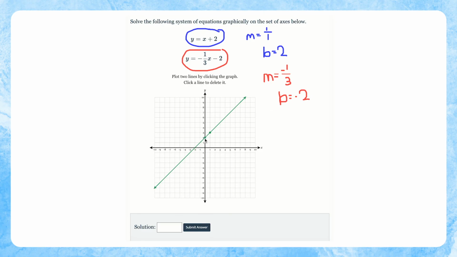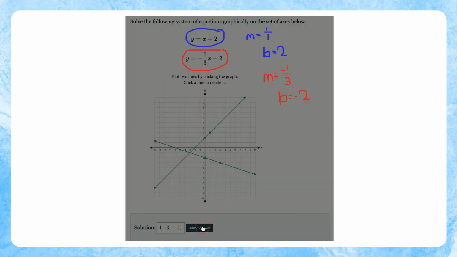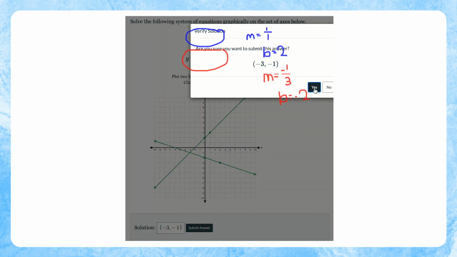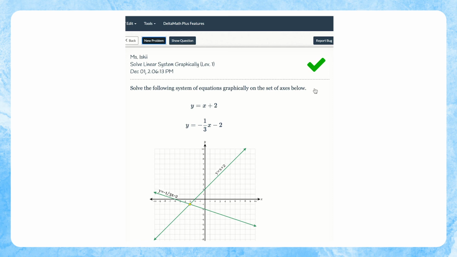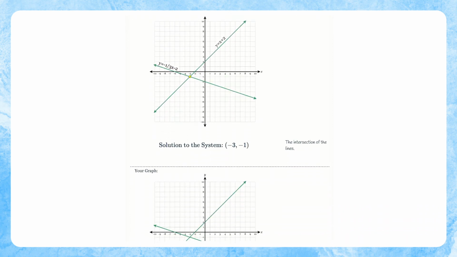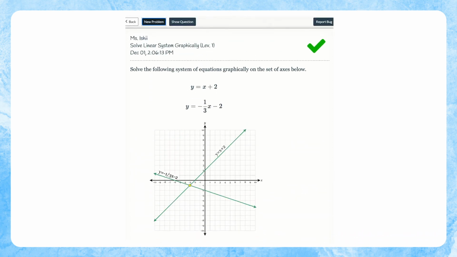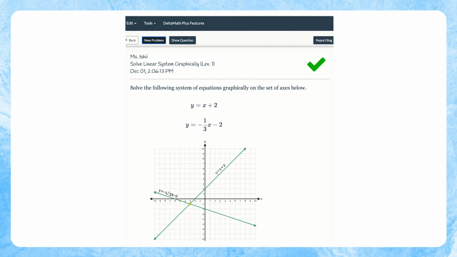So I find my y-intercept, (0, -2). Make sure it's a slope of -1/3. And I look at where the two lines intersect. They intersect at (-3, -1), so I submit that. And yay, I got it correct. So this is how you'd walk through the problems.